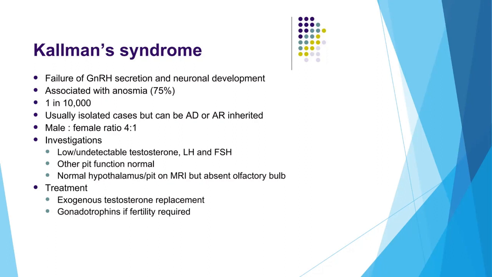So there is low or undetectable testosterone, LH, and FSH level. There is normal hypothalamus and pituitary on the MRI, but there will be absent olfactory bulb. Due to the absence of olfactory bulb, the patient will have anosmia. The treatment is exogenous testosterone replacement and gonadotropins if fertility is required.